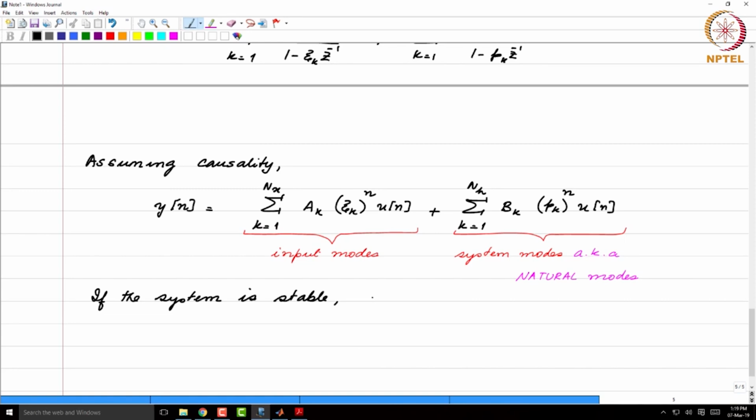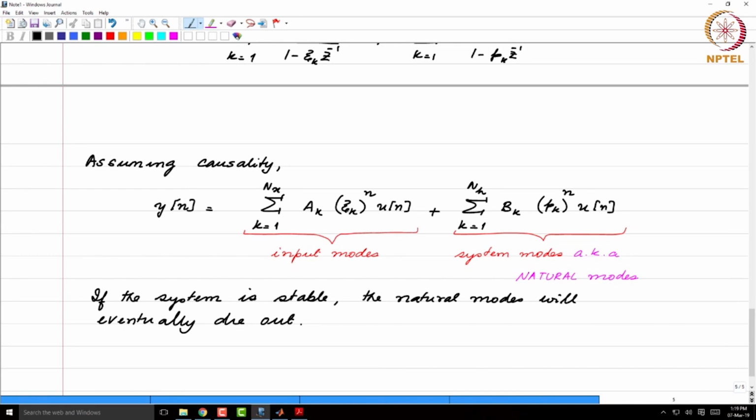Therefore, the natural modes will eventually die out. Natural modes will eventually die out because the system is stable.